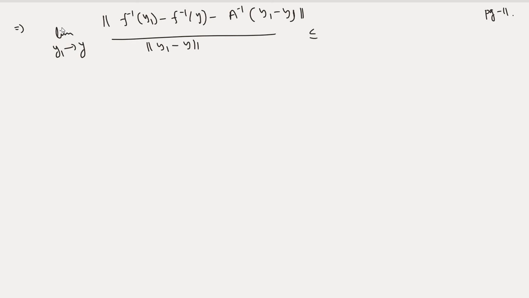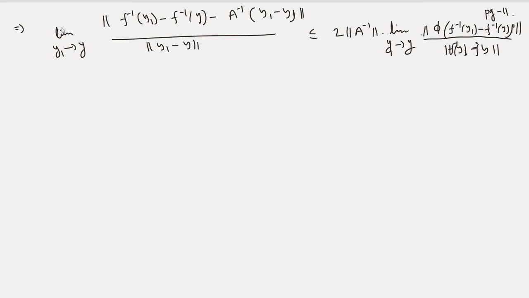This is less than or equal to 2 times the norm of A inverse times the limit as y1 tends to y of the norm of phi of F inverse of y1 minus F inverse of y over the norm of y1 minus y, and this is equal to 0.